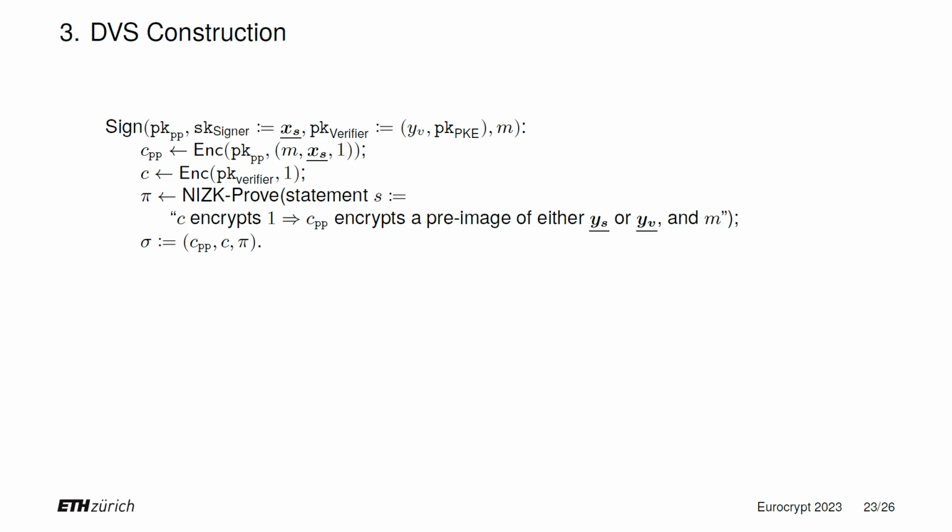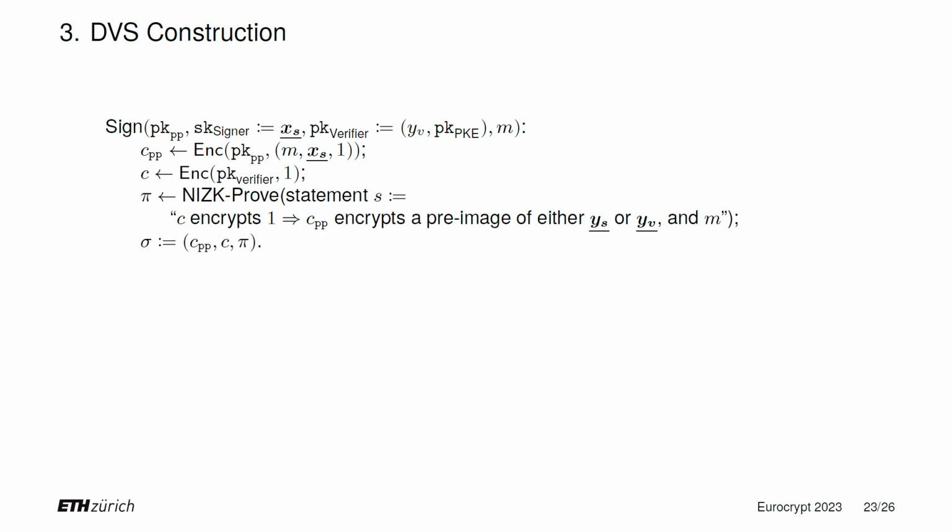The signature will then be a triple consisting of the ciphertext encrypted under the public parameters' public key, the ciphertext encrypted under the receiver's public key, and this NISC proof.